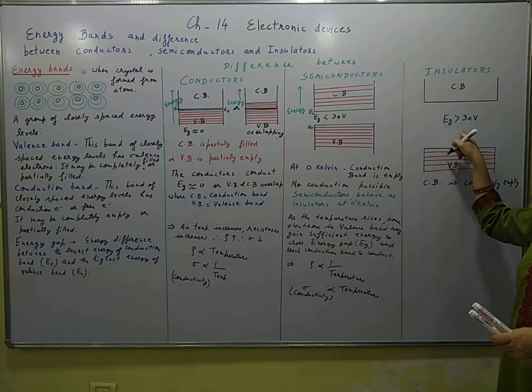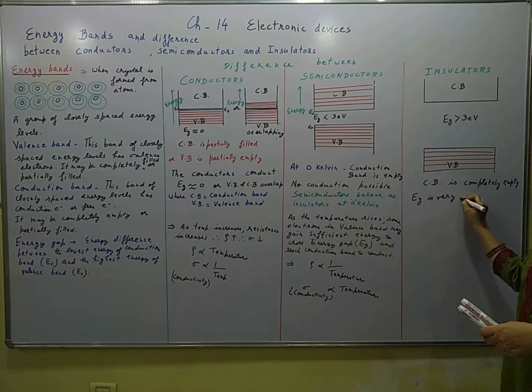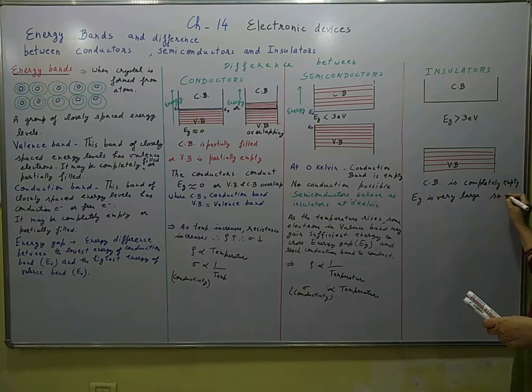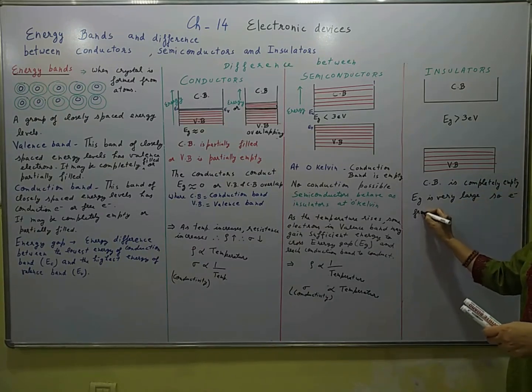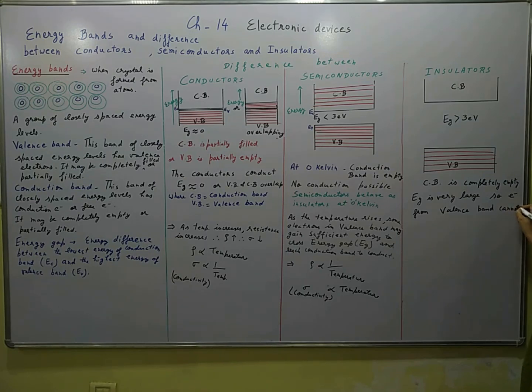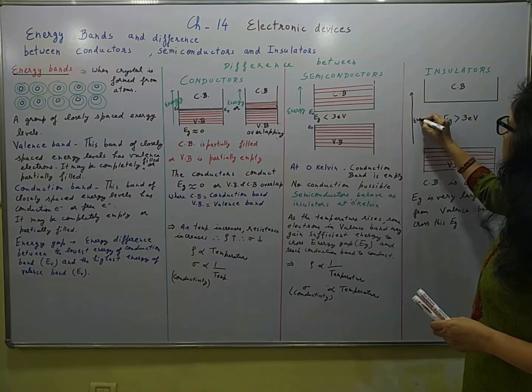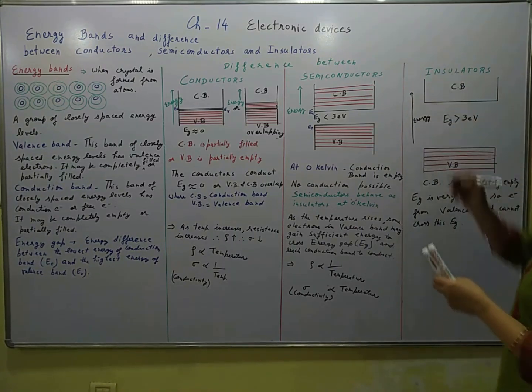Because the energy gap is very, very large. So electrons from the valence band cannot cross this energy gap, right? So this is increasing energy towards the conduction band.